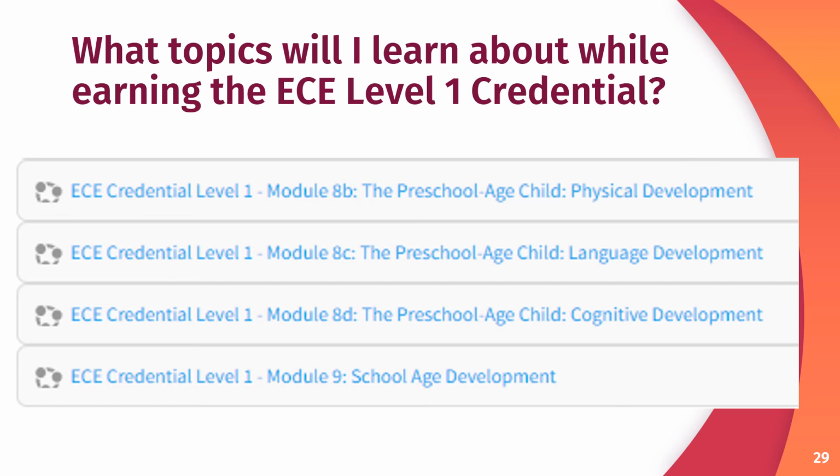And then we're going to focus on cognitive development, just reasoning and thinking and logic and understanding concepts and that kind of stuff. And then we will conclude our credential modules with Module 9, which is school age development. So we will take a look at what kids are like in kindergarten, first, second, and third grade. So that is where we will be going as we're learning about our modules.